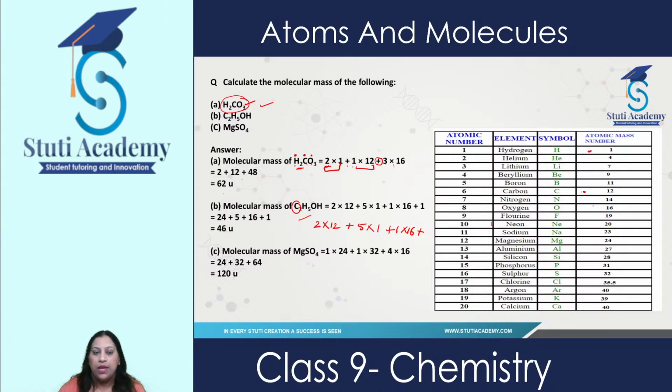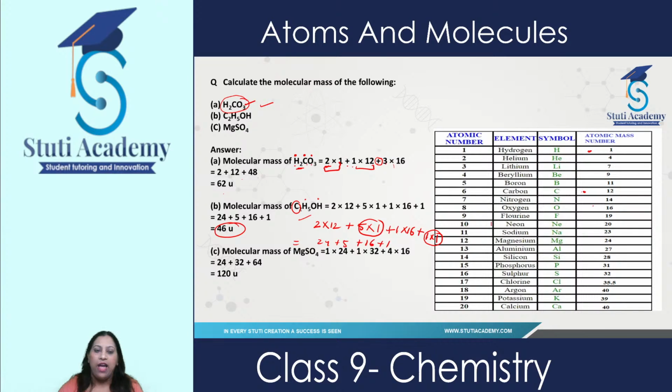Like here hydrogen comes 2 times, but you need to write both the hydrogens separately, the way I have written 1 multiplied by 1. So here this hydrogen and this hydrogen. Now solve it. 24 plus 5 plus 16 plus 1, and the answer is 46 U.